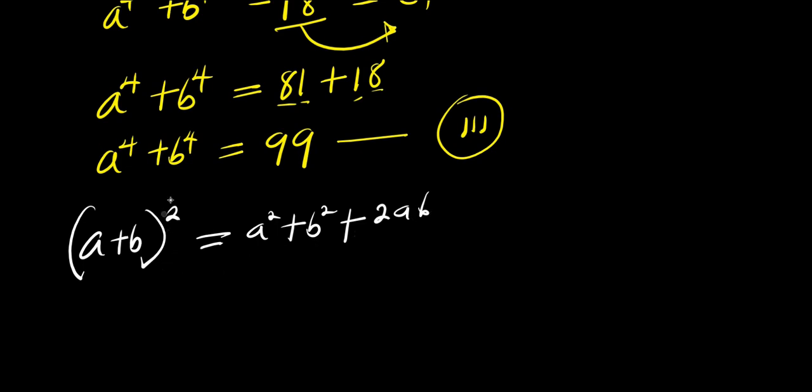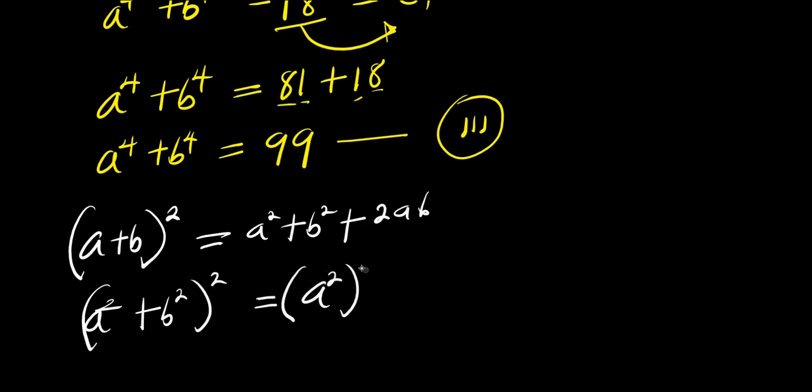So then if you have a squared plus b squared to the power of 2, that means this will be a squared power 2 plus b squared power 2 plus 2 times a squared times b squared.